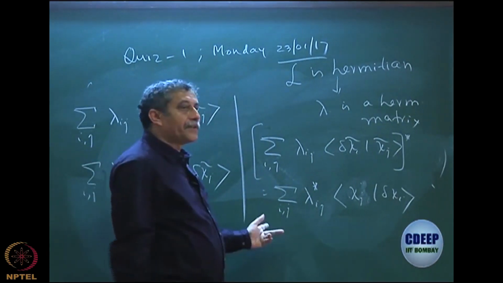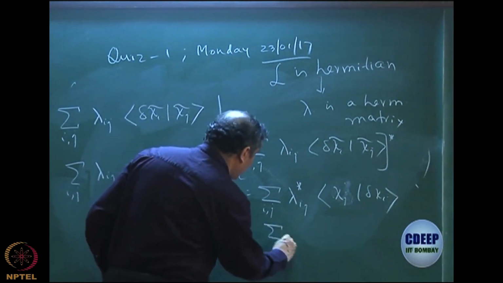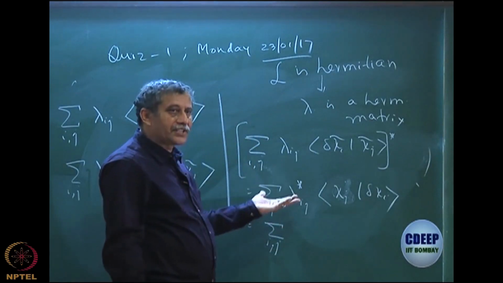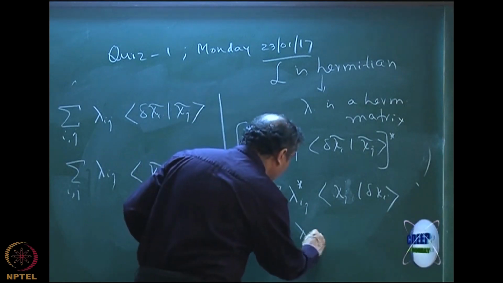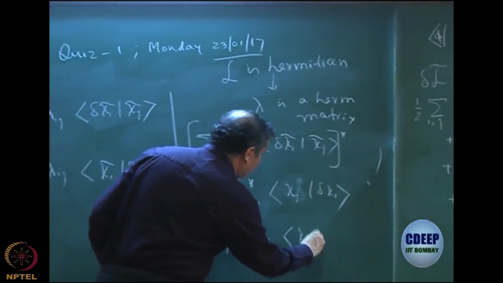Then I interchange the dummy variable, call i to j, j to i. So this remains sum over ij, and if I interchange the dummy variable, this becomes lambda ji, which is actually the same as lambda ij if it is a real number, otherwise it's a Hermitian matrix. So I get the same thing, lambda ij, and this then becomes chi i delta chi j.